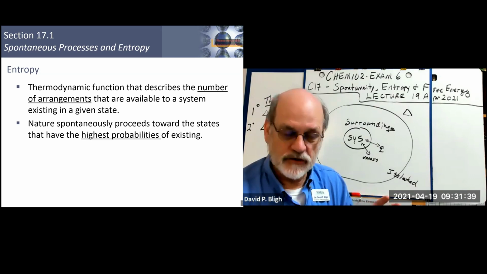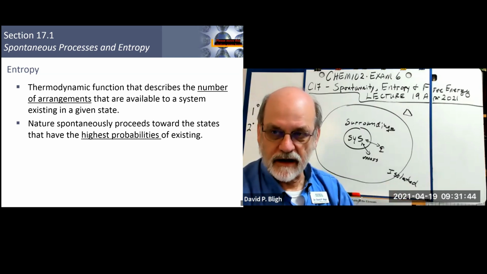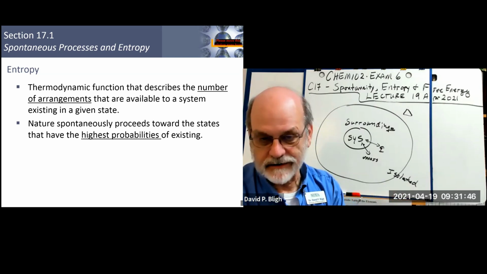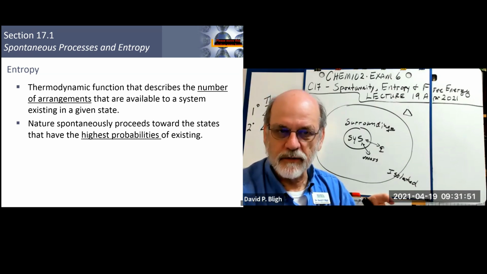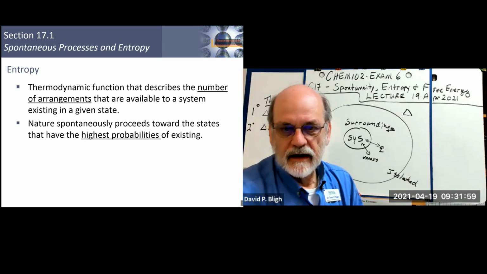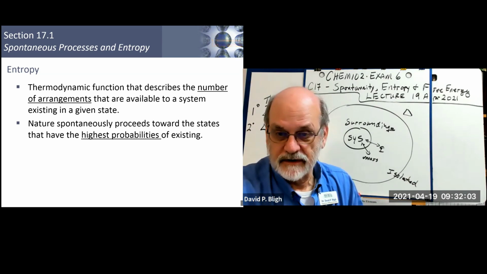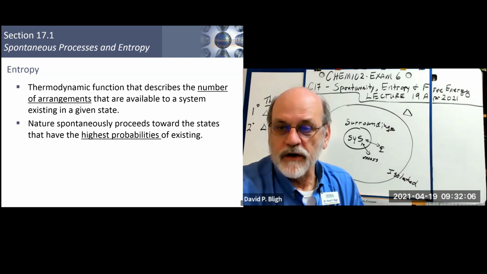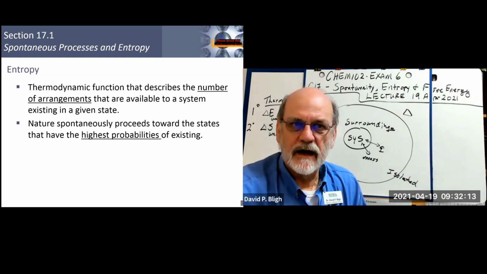And this is a statistical term. It doesn't mean that you change from solid to liquid to gas. That's state, the state of matter. But microstate refers to the number of possible arrangements of all the particles in the system. And a spontaneous movement always moves toward the highest probability of these microstates.